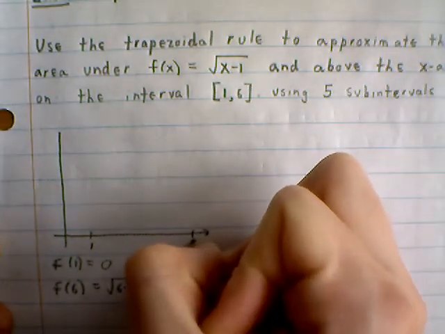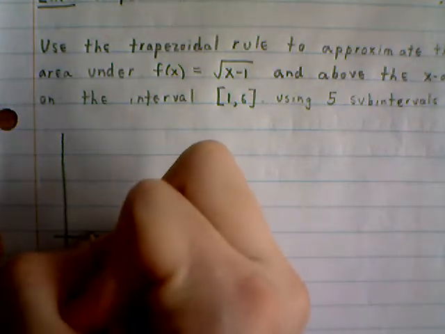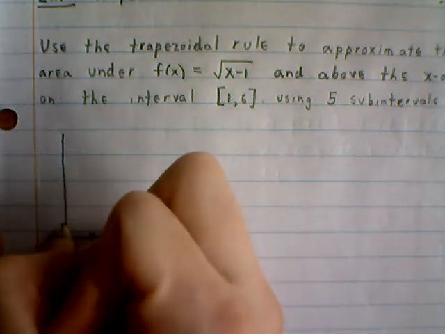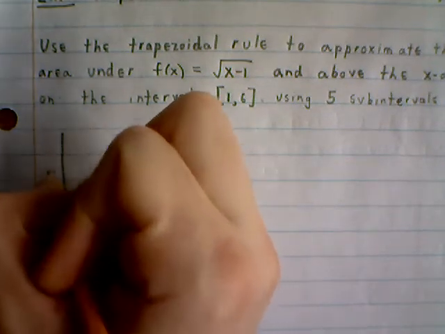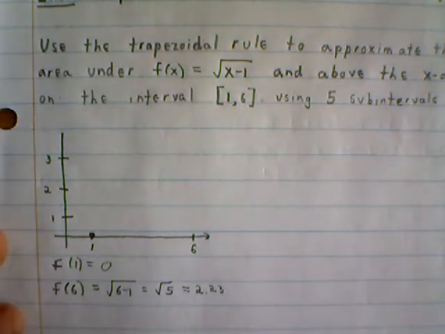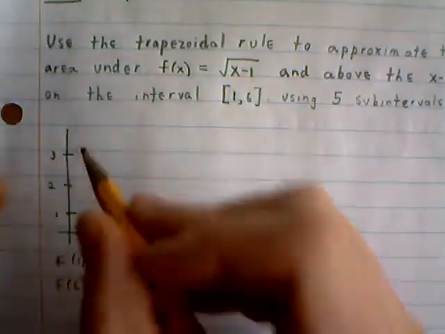All right, so let's start at 1. Our last point is 6. So f of 1 is 0. Since I'm only going up to 2.23, I'm just going to scale by 1s and go up to 3. So 1, 2, 3. So f of 6 is square root of 5, so I have to estimate where that is, about 2.2.